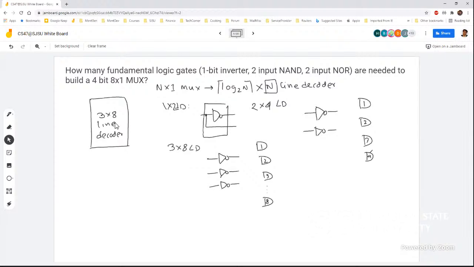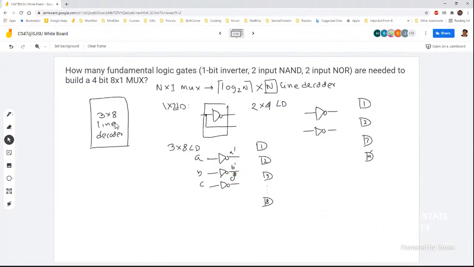And then you need to think about how you are going to combine them. See the 3 lines, these are 3 terms, A, B, C. So this is A bar, B bar, C bar.